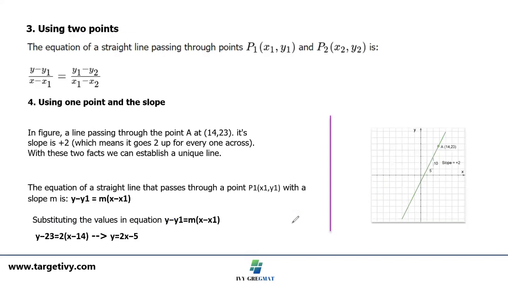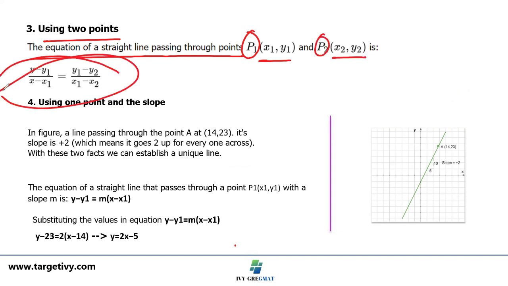So if there are 2 points, now we are playing around with it. Using 2 points, P1 is this, P2 is this, the equation of a straight line will take a form like this.